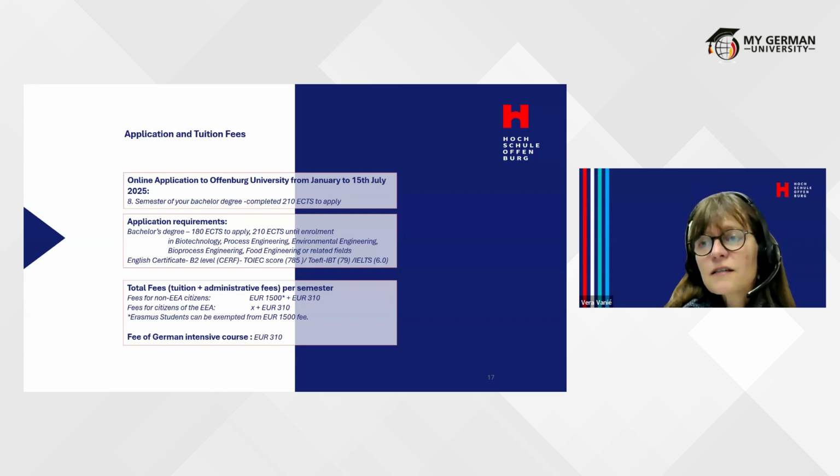And as it takes in some countries really a long time to get an appointment for the visa, we close on 31st of March. So if you want to apply, you still have 2 and a half months.